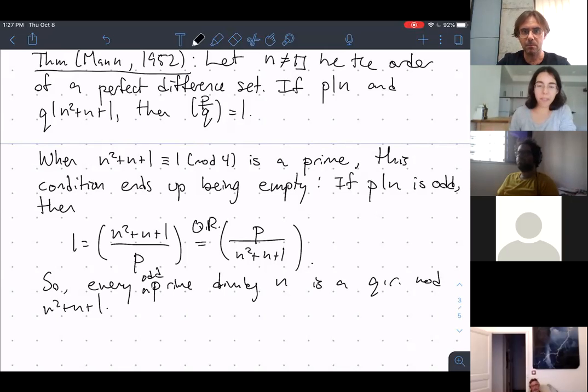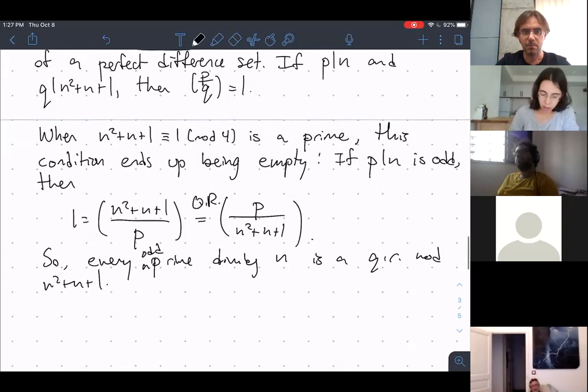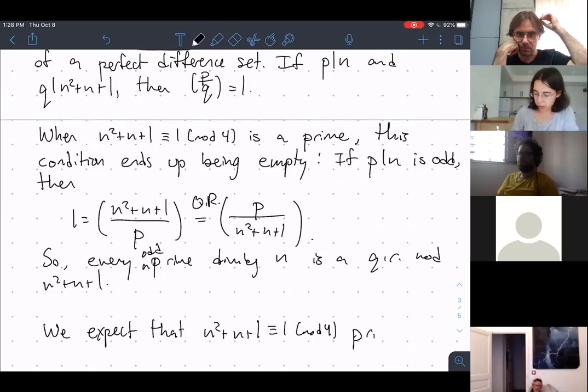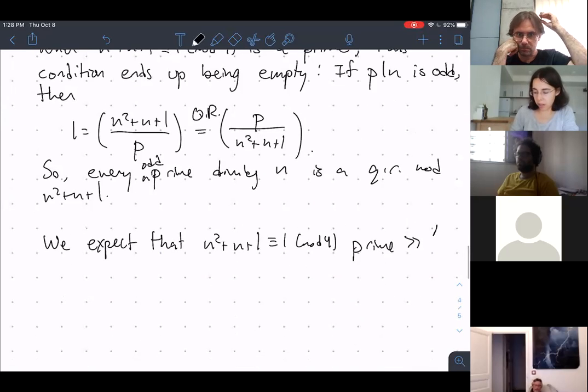And we have to deal with this case, though, because by the Bateman-Horn conjecture, we expect that n squared plus n plus 1 is a prime that's 1 mod 4, at least a constant times n over log n of the time.